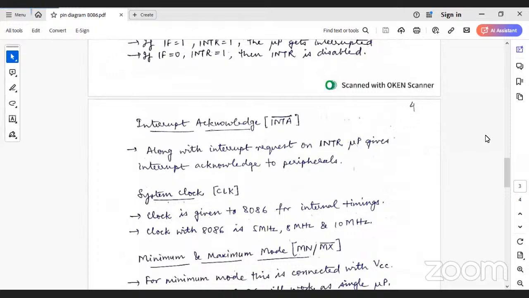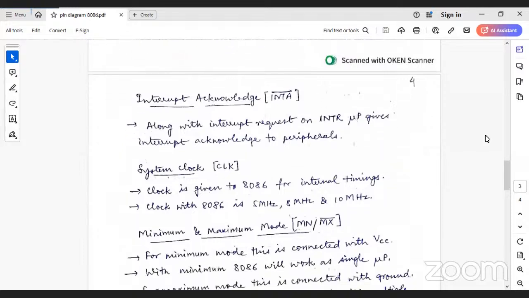Since it is an output signal, similarly, the printer will also send an acknowledge signal. In the handshaking signals, you will see this. I think we have discussed this with the 8085 processor, and this discussion took place in the class also: handshaking signals between different devices which are connected to the processor. So the processor gives some signals, and the device to which the request is sent also gives some signals. That is how an understanding takes place between the processor and the devices.